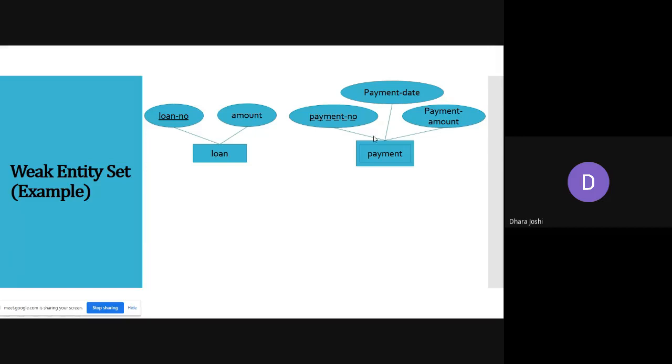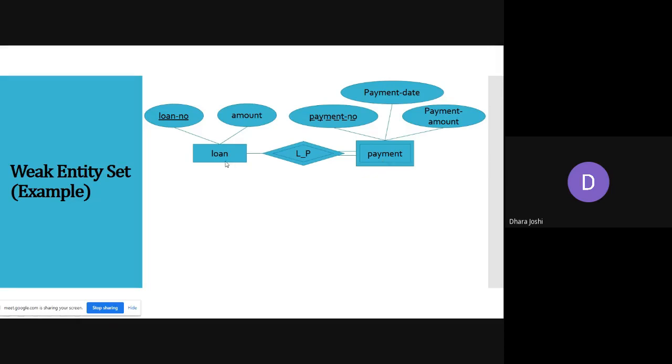Among all the installments, payment number can be unique, but it does not work as primary key because the entity itself is not that strong, and it is dependent on some strong entity. So payment or installment have different attributes: payment number, payment date, and payment amount.